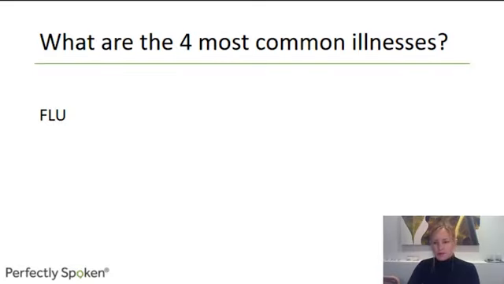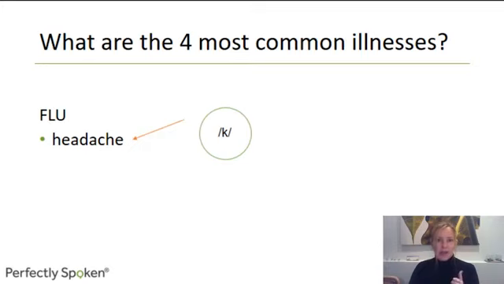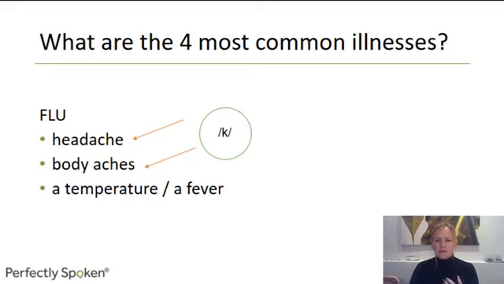Okay, and let's just do a quick review. Listen to the pronunciation of the vocabulary related to these illnesses. So we've got flu. You can have a headache. Remember the k sound. Body aches, a temperature or a fever. Weakness.